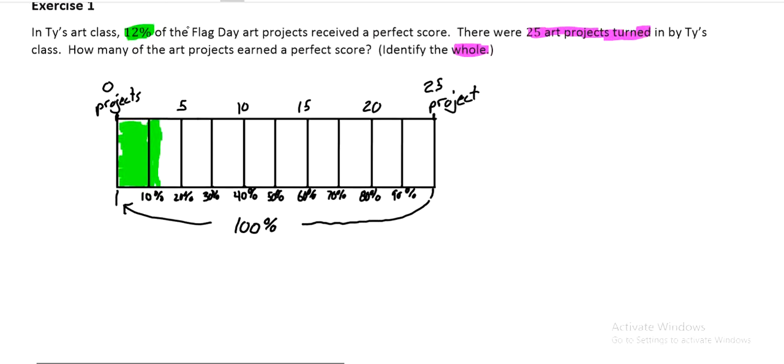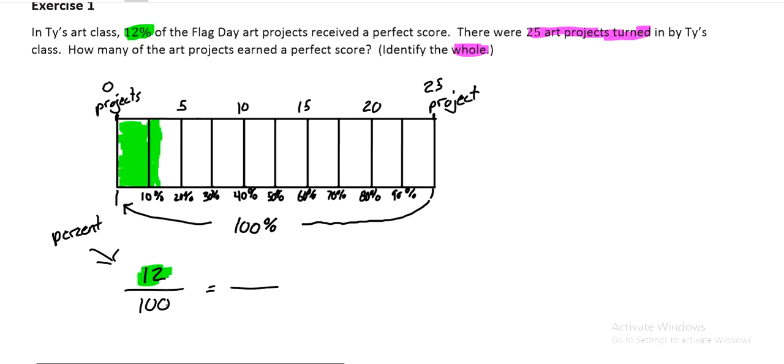I know that every percent can be turned into a fraction by putting it over 100, and then the percent goes on top, so 12 goes on top. This fraction represents the percent, so that's 12 parts out of 100.